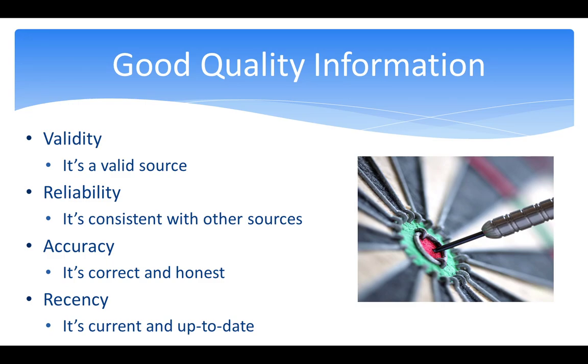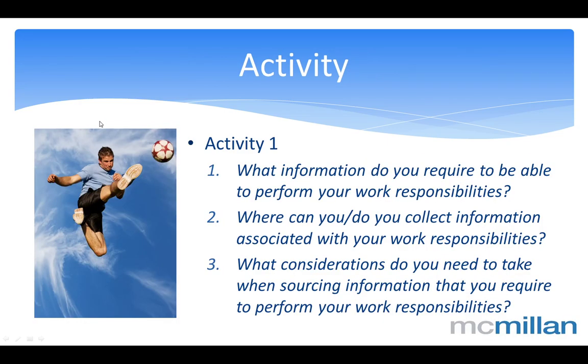So saying that alcohol is good for you because it relaxes is a pretty good statement, but it's probably not fully transparent about the other side effects that can potentially come from it. It has to be up to date, and that will depend on the information and the context of that information. But if we talk about workplace, it has to be something that's fairly recent.